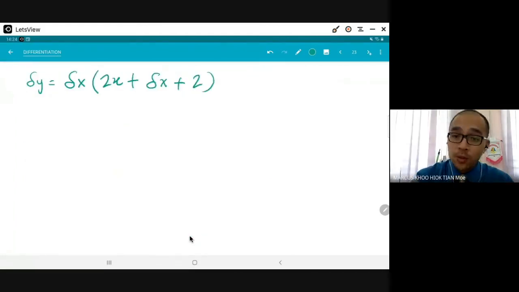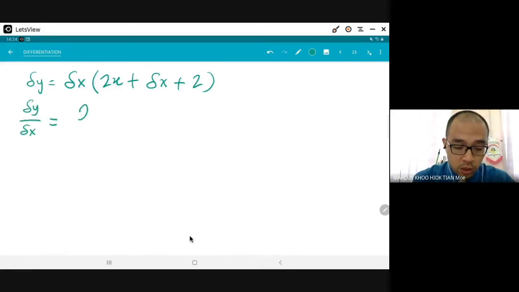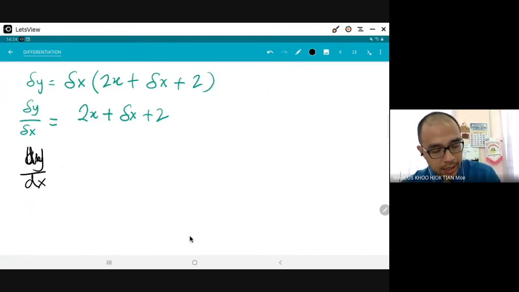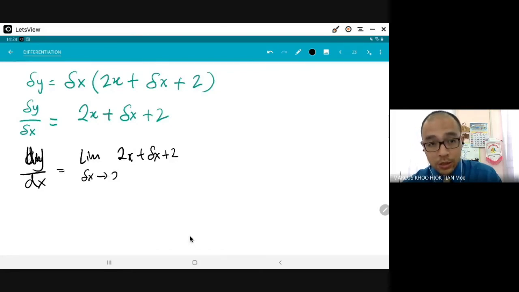And the reason why we want to take out del x is so that we can do del y over del x equals to 2x plus del x plus 2. Therefore, the limit, dy dx is the limit of 2x plus del x plus 2 when del x approaches 0.